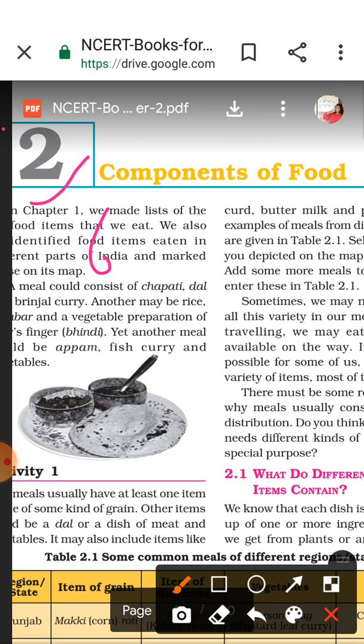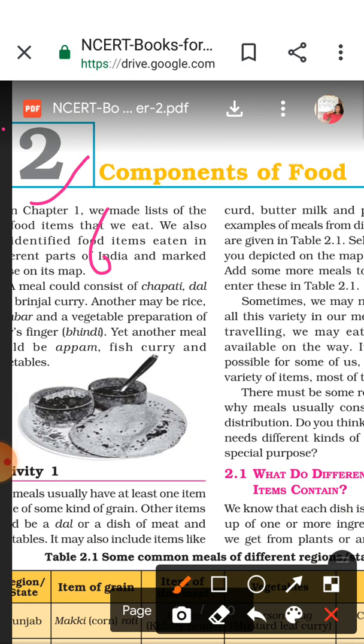So mainly food comes from plants and animals: in the form of vegetables, fruits, grains, etc., and from animals in the form of meat, egg, butter, milk, etc. So what is carnivorous?